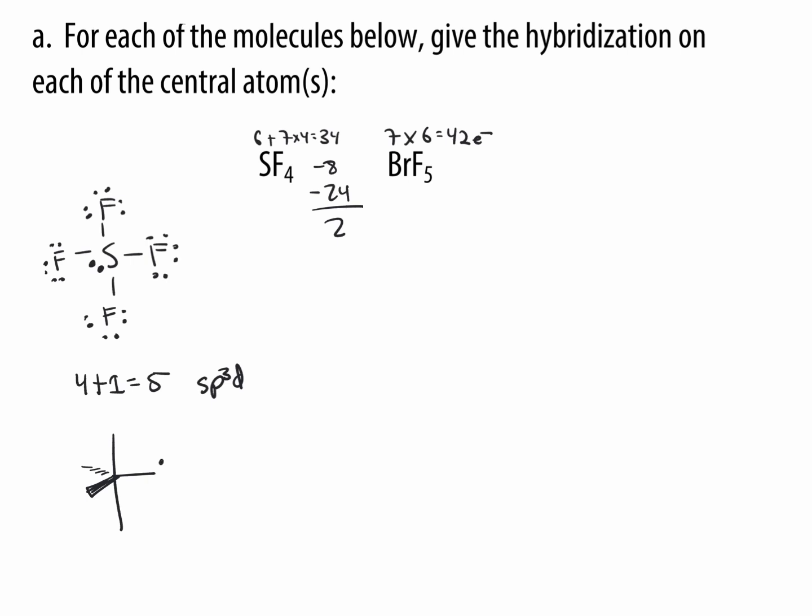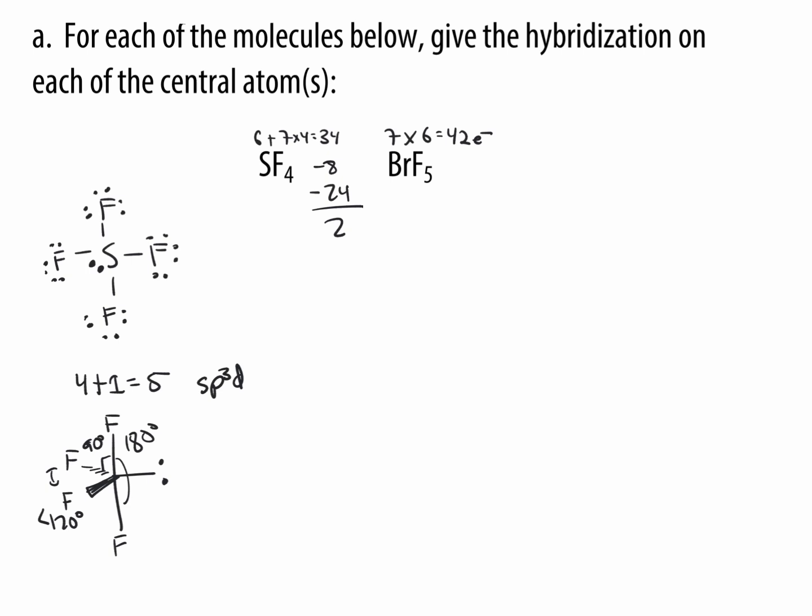We put that lone pair in the plane because that's where it has more space, and so the overall structure looks something like this. Remember, the lone pair takes up a bit more space, so this is going to be still about 90 degrees, but these 120 degree bond angles are going to be a little bit condensed due to the lone pair sort of taking up a little bit more space. So 90, less than 120, and we'd still have this 180 degree angle over there.